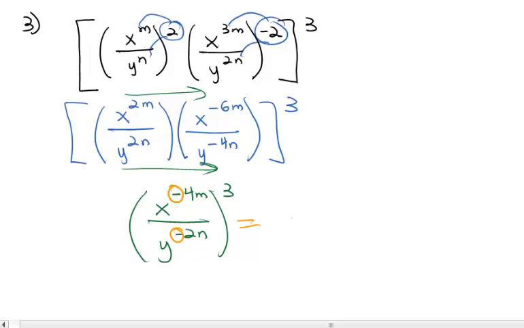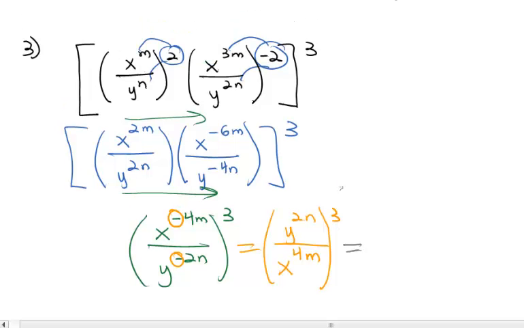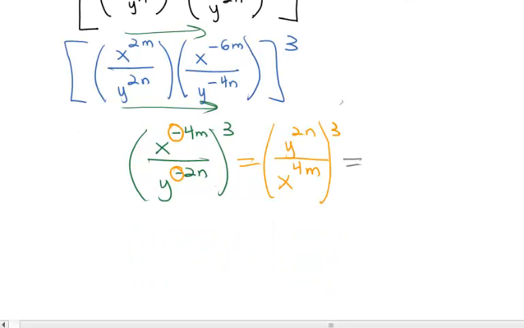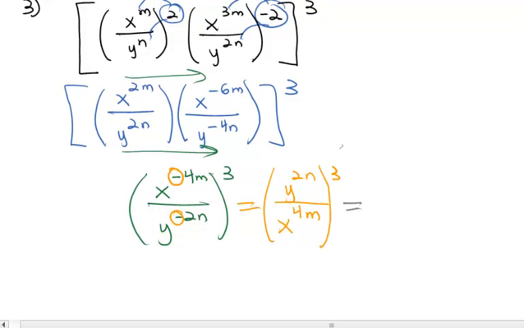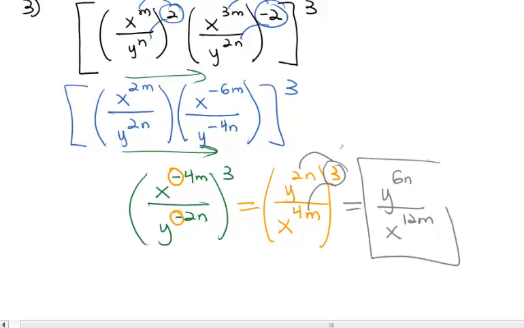Take care of those negative exponents by moving them around, giving us y to the 2n on top and x to the 4m in the denominator. All of that is cubed. And so when we cube both parts, we get y to the 2 times 3, or 6n, over x to the 4 times 3, or 12m, and we have our final simplified solution.